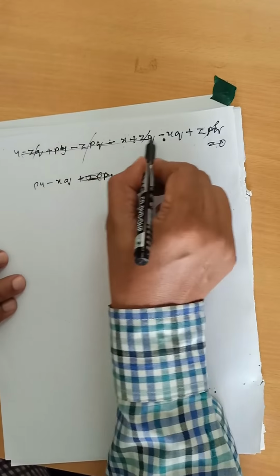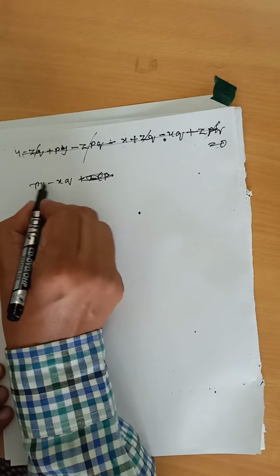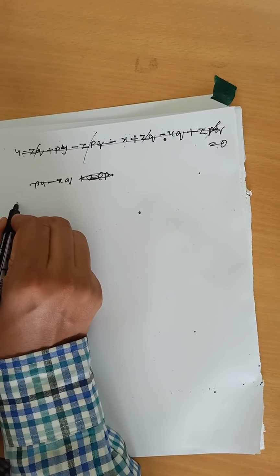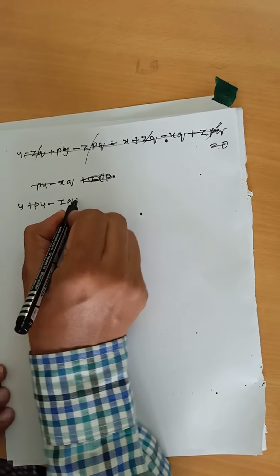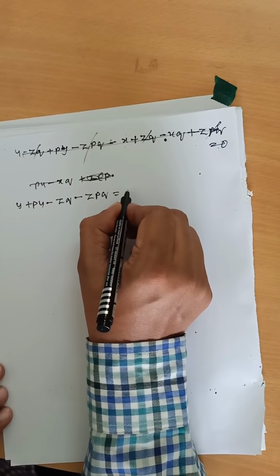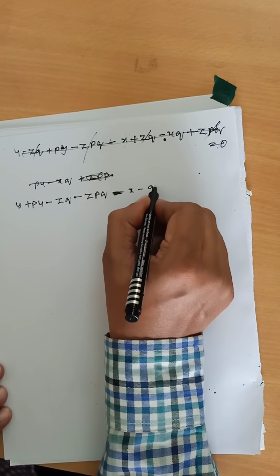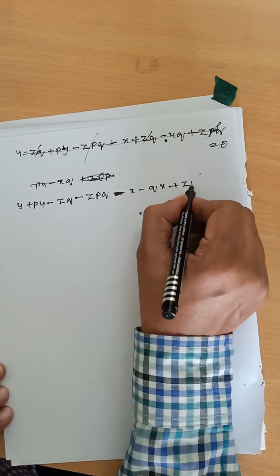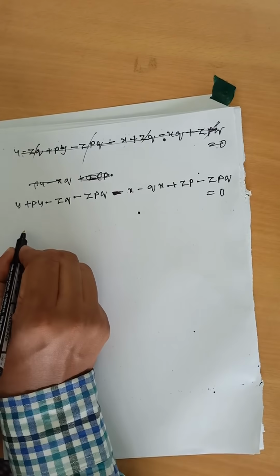I think this step is wrong. Here, y plus py, you just simplify, zpq minus qx, zpq equal to 0.